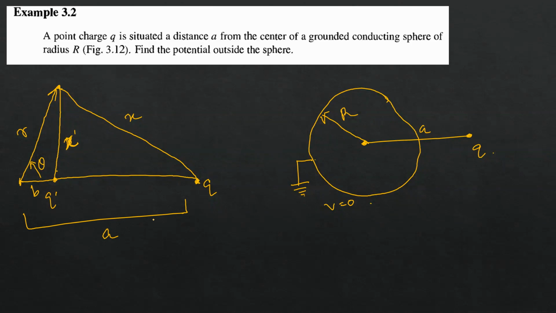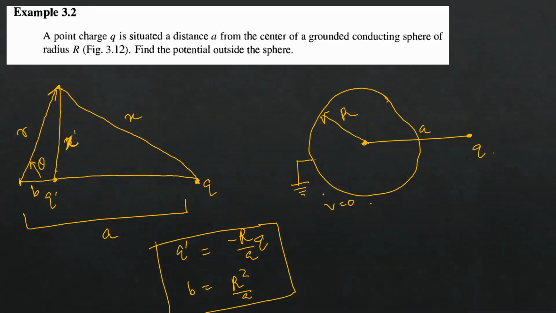All right. If we see from the formula, we know q dash is r by a, the radius of the sphere divided by the distance of the charge from the center, a, into the charge q. And this b distance is r square by a. These two formulas you have to remember.